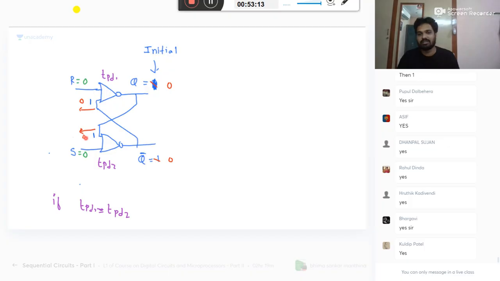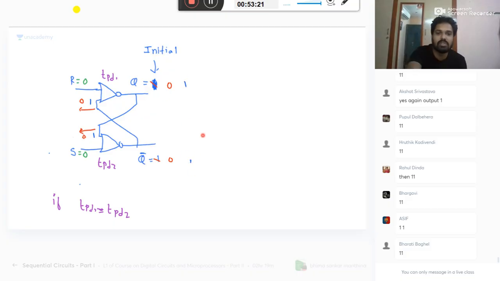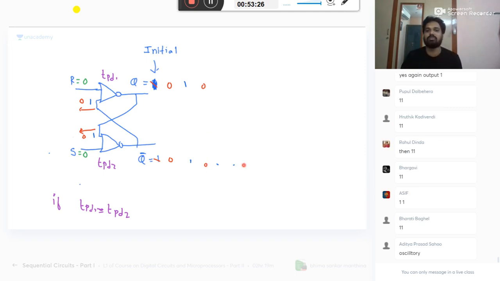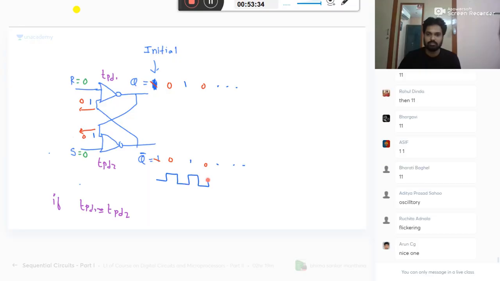Then 0 plus 0 is 0, whole bar is 1, for both. Now this is a continuous process of 0, 0, 1, 1 and so on. Some kind of oscillatory response you will be getting. This is true when both the delays are the same.